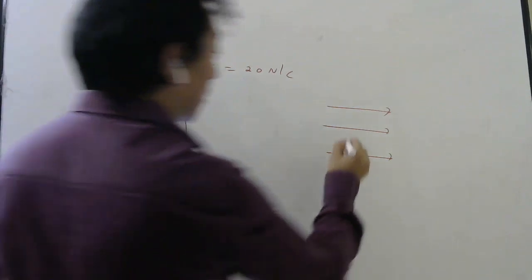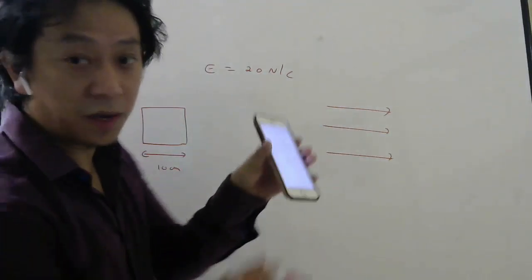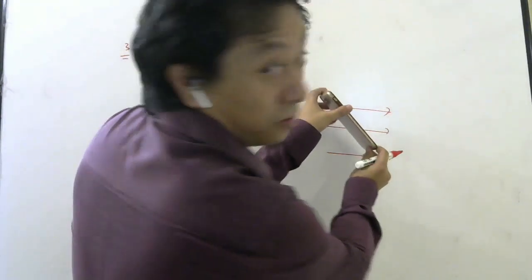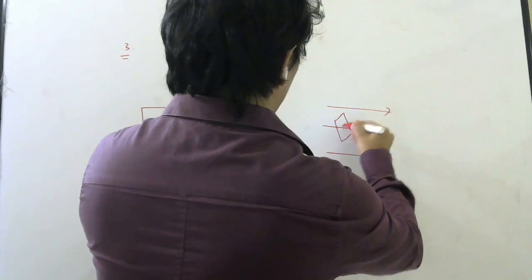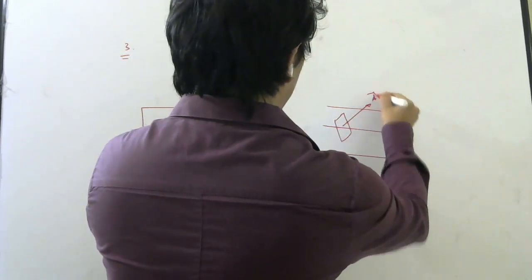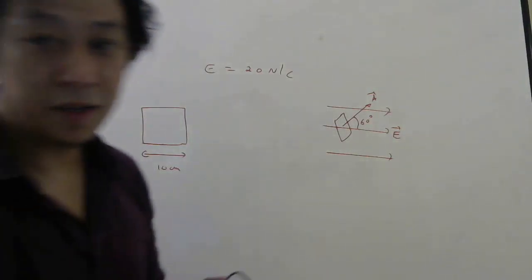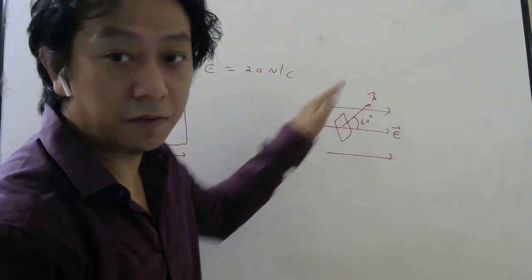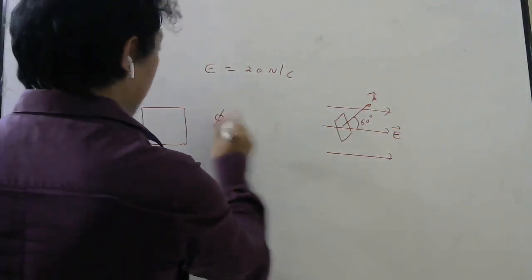So it is uniform. The sheet is kept in such a way that if this mobile is the sheet, how do you draw area vector? Normal to the surface. The area vector makes an angle of 60 degree with the electric field. So they want you to calculate the flux through this surface.